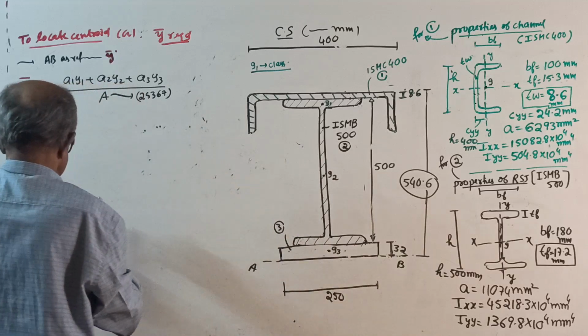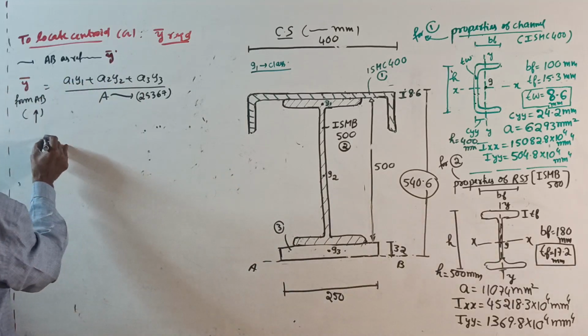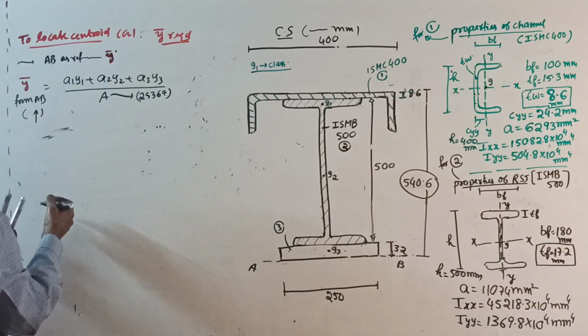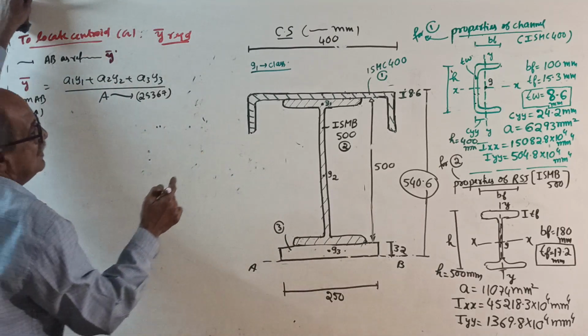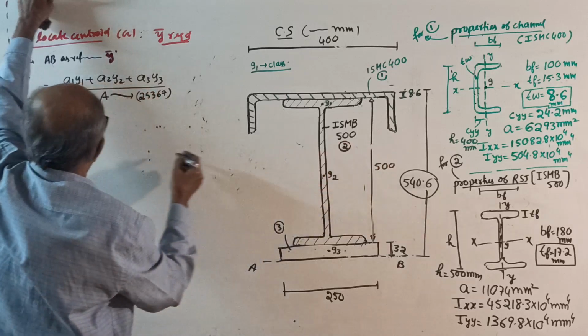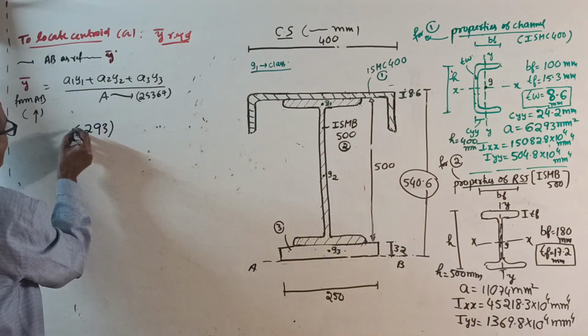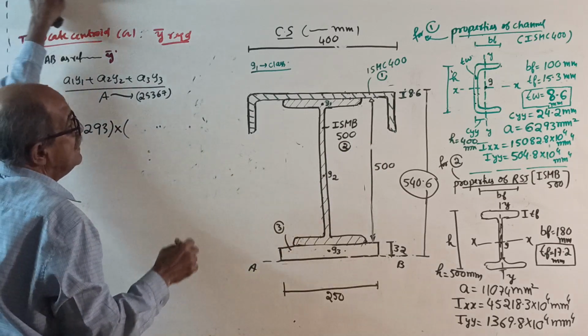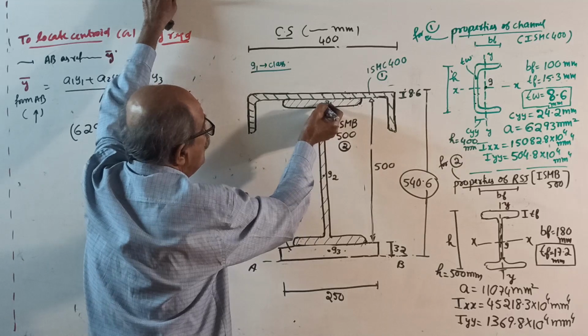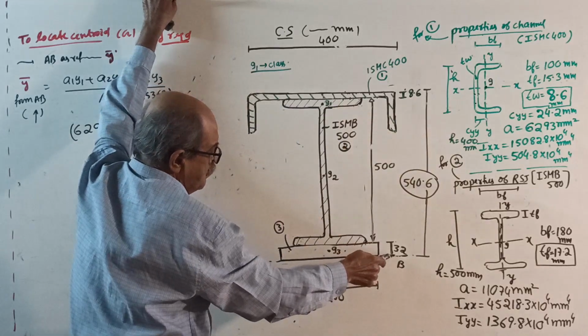Now start. A1 equal, I put later. I don't have space. Area of the channel, how much is it? 6293. Space problem is there. 6293 A1 into Y1. Distance of centroid of the channel from bottom edge.